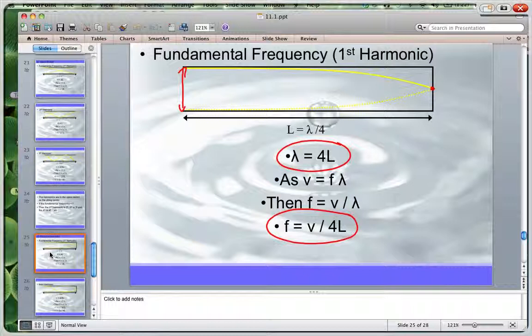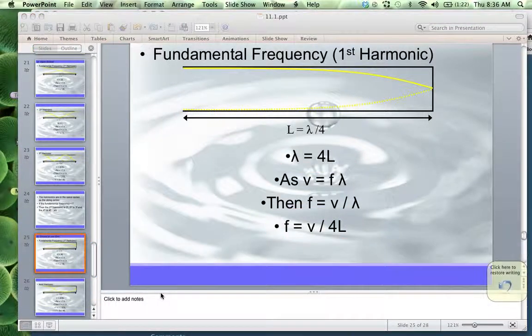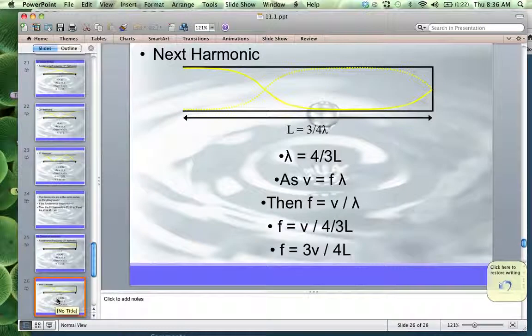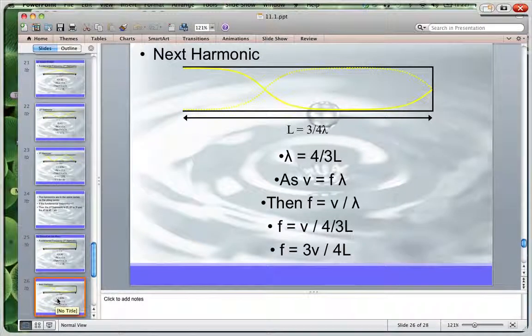Okay, so what happens with this one though is that when we go to our next one, because you've got your antinode always being formed on one side and you've got your node on the other side, you can't get the half wavelength in, because a half wavelength requires an antinode on both sides, or a node on both sides.